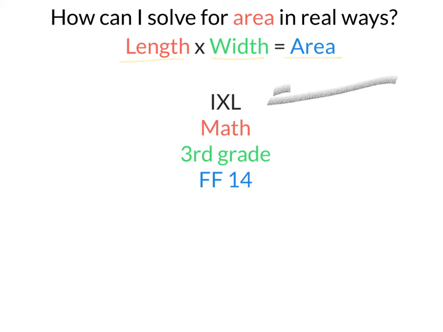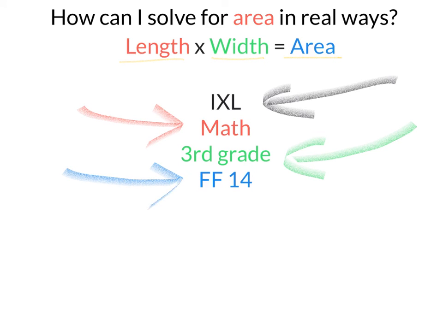Go to IXL. Select math, because if you select language arts, it won't make much sense compared to what we just talked about. Go to 3rd grade, which is appropriate because that's the grade that you are in, and select FF14. If you select just F14, it's going to be something different than this.